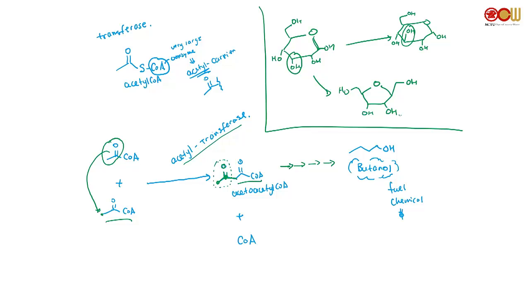So you can go from, this is hexoaldose, this becomes a hexoketose. Okay? Aldose to ketose, same thing. I start with one substrate, end up with one product. Isomerase. All right? So isomerase, I think it's relatively easy to understand.